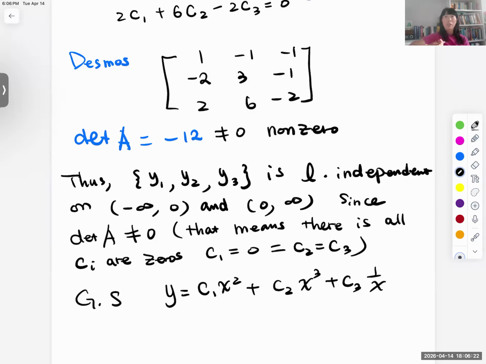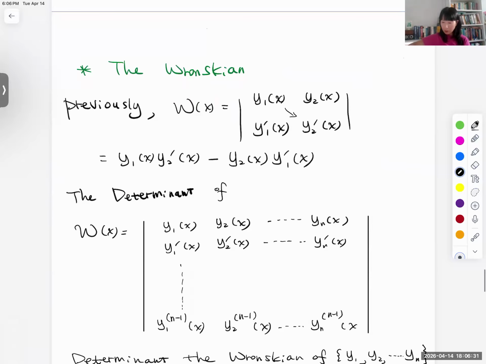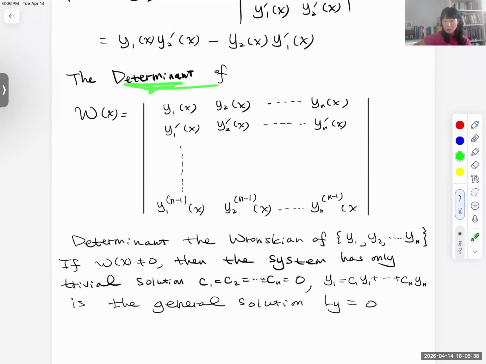Okay, so here we go. Look, this is what I talked about just now. The determinant of the Wronskian of the set y sub 1, y sub 2 until y sub n is not equal to 0, then the system has only the trivial solution.